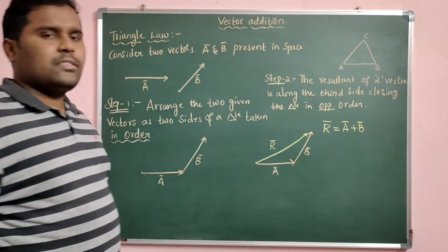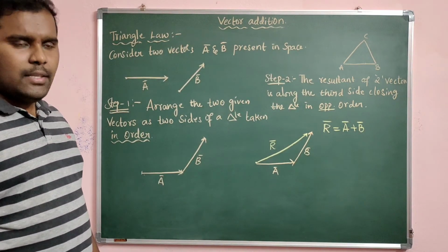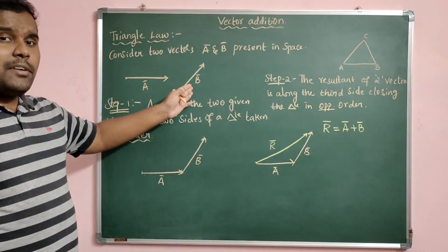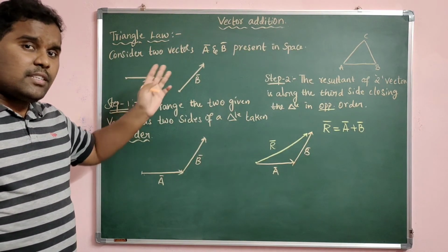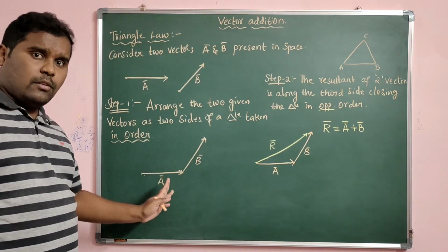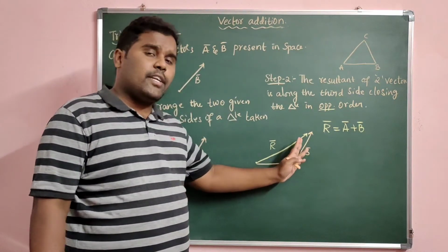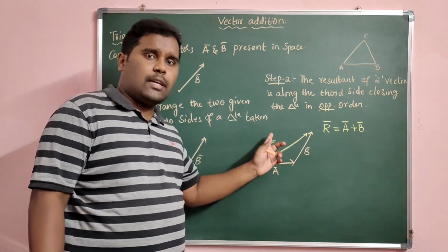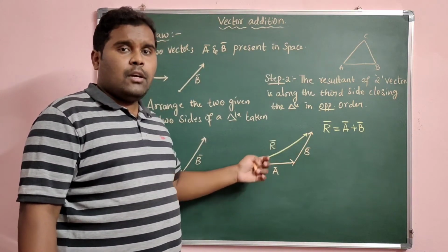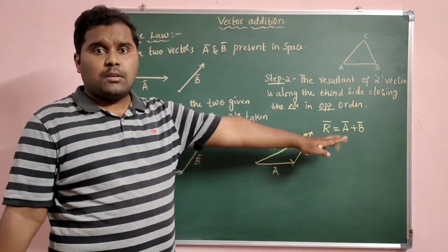So this is the triangle law of vector addition. Given two vectors A bar and B bar are to be arranged in such a way that they form the two sides of a triangle taken in order. Thus, the resultant of these two vectors will be along the third side, closing the triangle taken in opposite order. That is your resultant, nothing but A bar plus B bar.